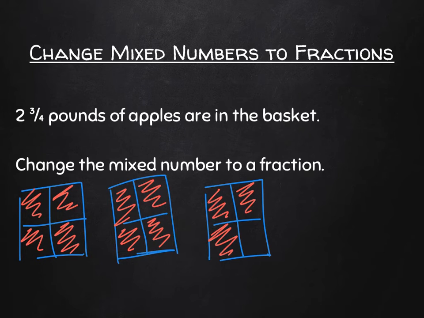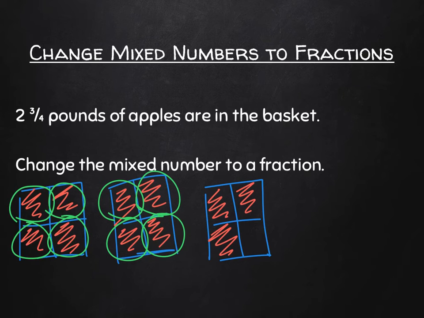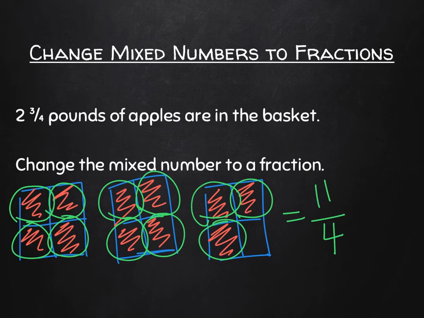To change this to a fraction, I could simply just count the number of fourths. 1, 2, 3, 4, 5, 6, 7, 8, 9, 10, 11. The fraction I have, improper if you want to call it that, is 11/4. 2 3/4 is the exact same thing as 11/4.